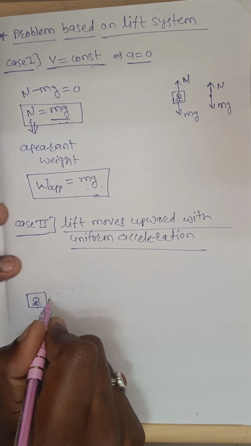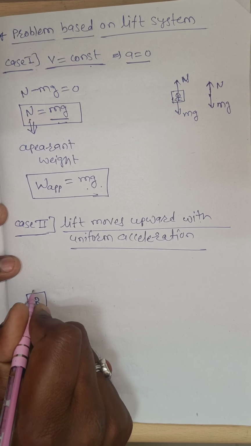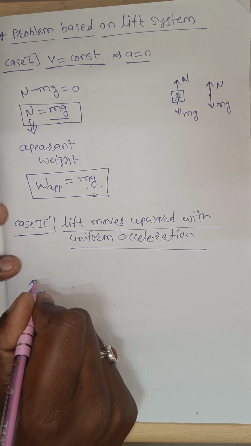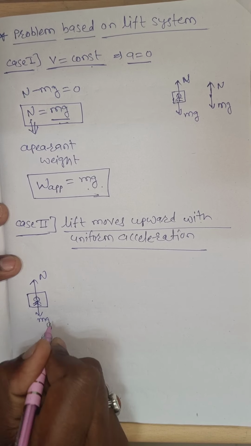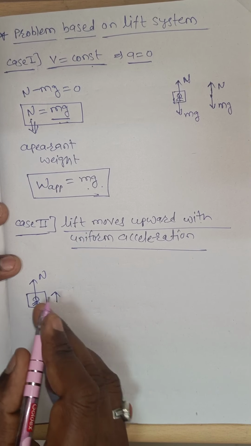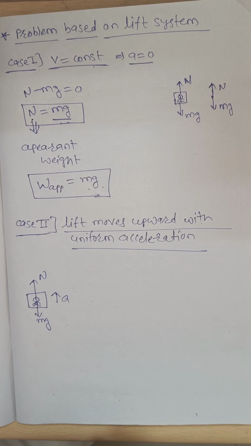The lift is moving upward, so on that person there will be a normal reaction force in the upward direction and a gravitational force in the downward direction, and the direction of acceleration is upward. Upward direction means positive.